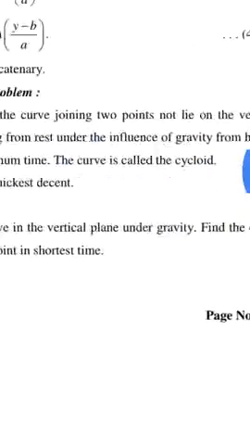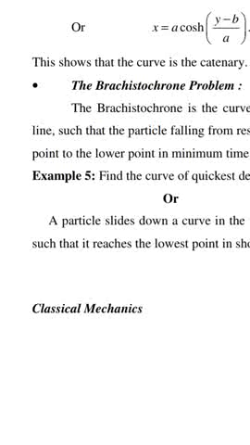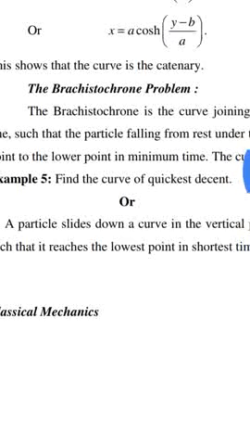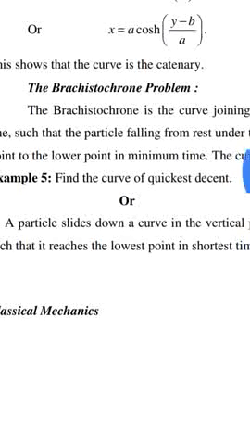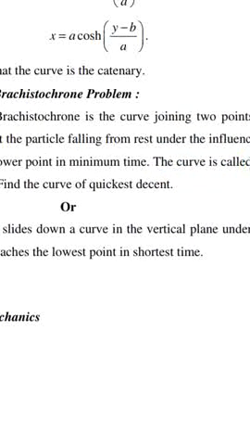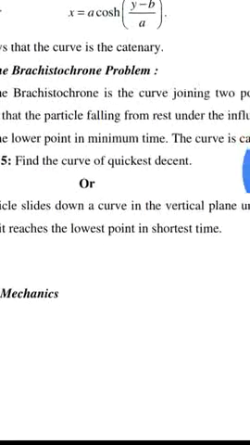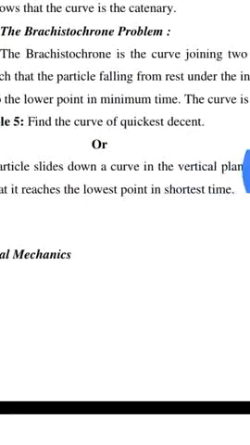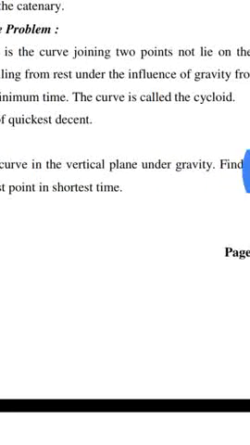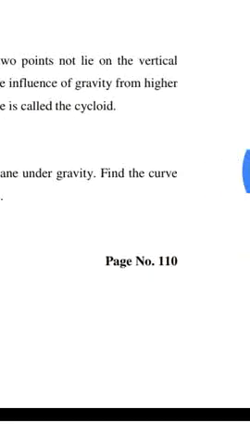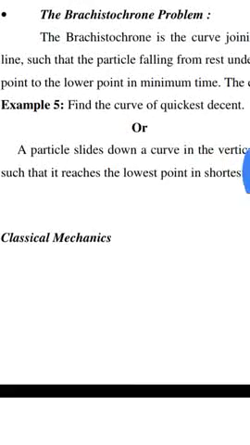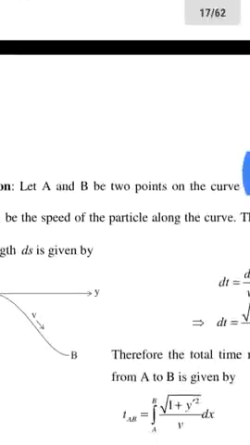The curve is called a cycloid. Example: find the curve of quickest descent, for a particle sliding down a curve in the vertical plane under gravity. Find the curve so that it reaches the lowest point in the shortest time.